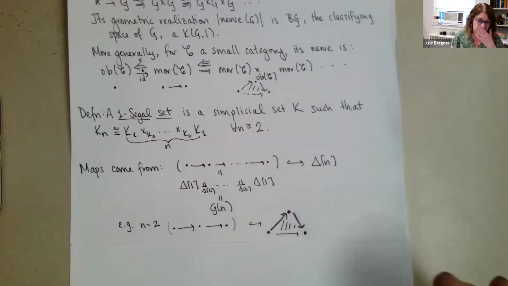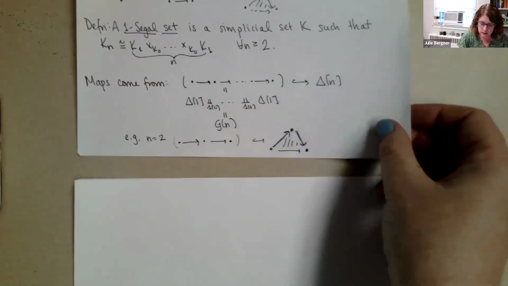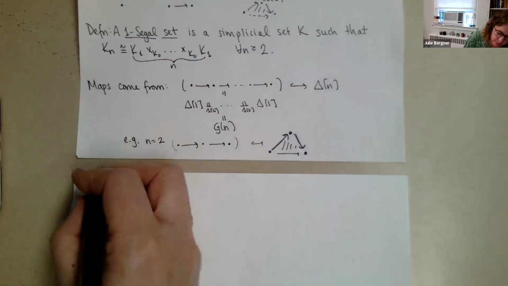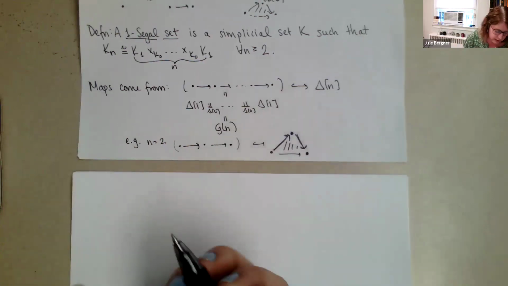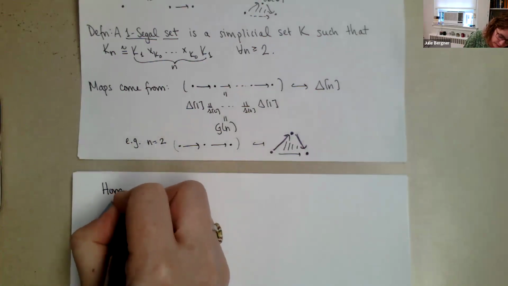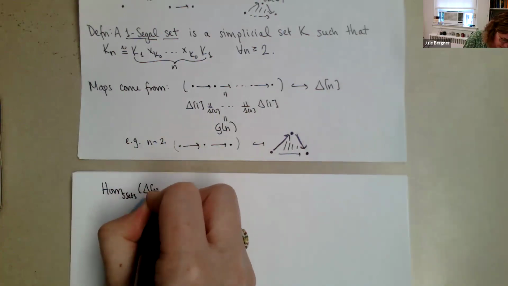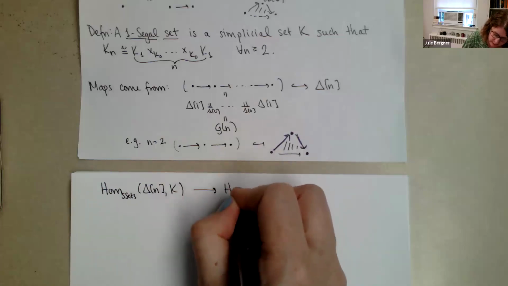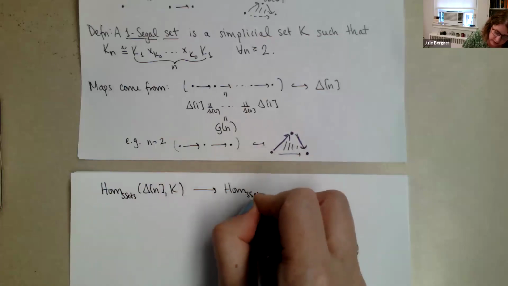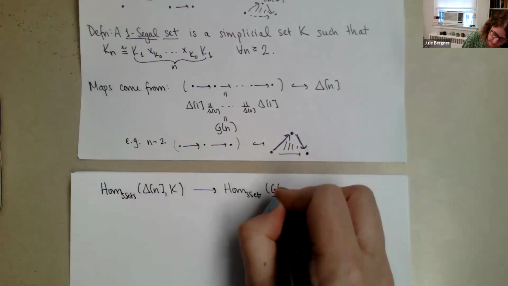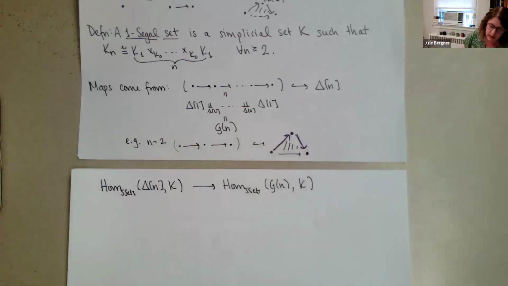Okay, but what does that have to do with these maps for an arbitrary simplicial set K? Well, what I can do is, these are perfectly good simplicial sets, I can map them into a fixed simplicial set K. And mapping into something fixed is contravariant, so we get a map from Hom(Δ^n, K) to Hom(G_n, K).